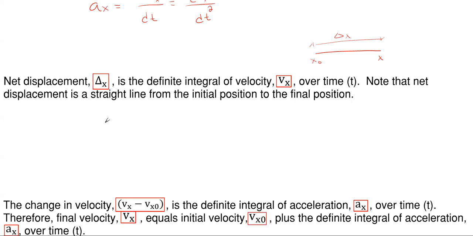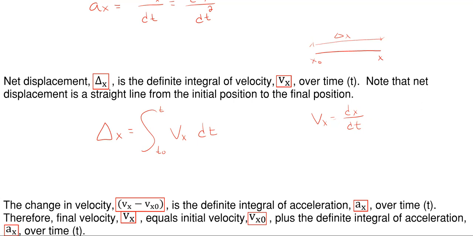You could find it as the definite integral from your initial time to whatever time you're specifying of your v sub x equation, dt. Because what is v sub x? V sub x is the first derivative with respect to time of your x position. So working backwards, you would take the integration of your velocity to get to your x equation.